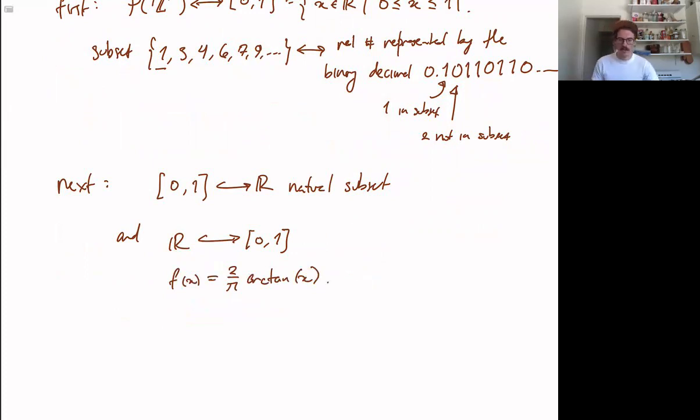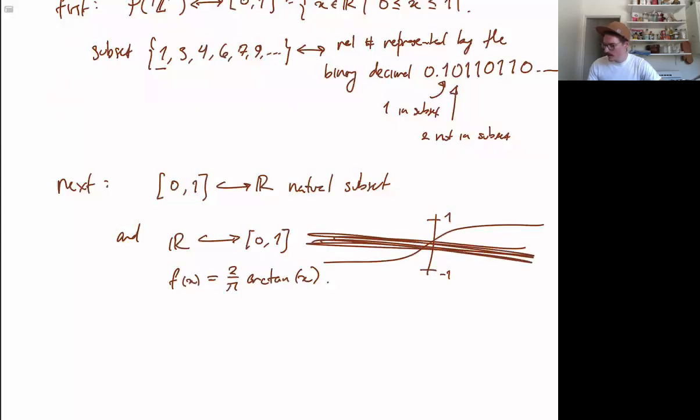And maybe you have forgotten your inverse trig functions, but just to graph this, if this is -1 and this is +1, it looks something like this. So if you think very carefully about what this graph is telling you, it's telling you that this, which is the domain, the real numbers, is getting mapped onto this, which is the interval from -1 to 1.